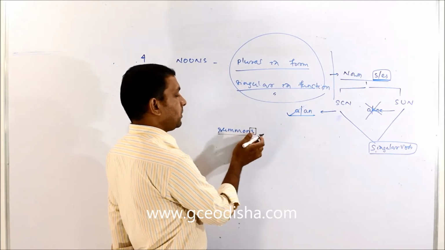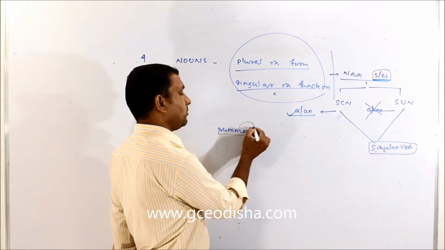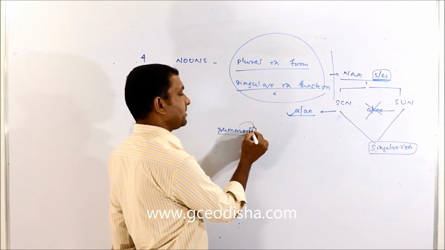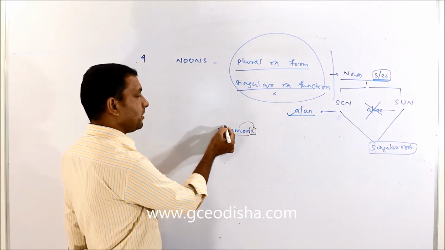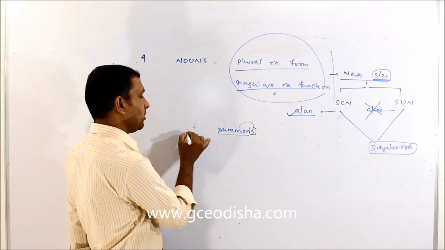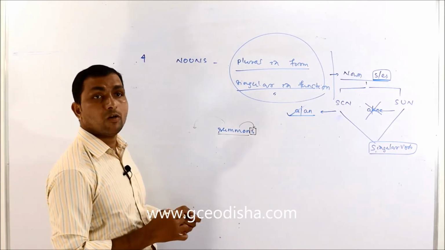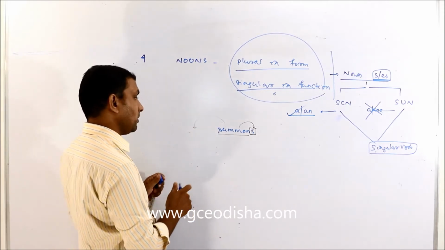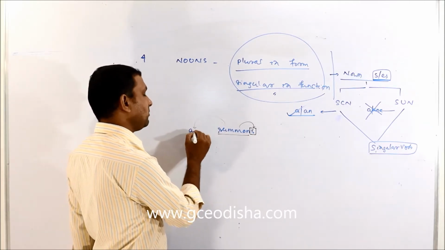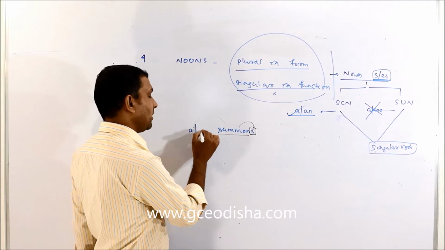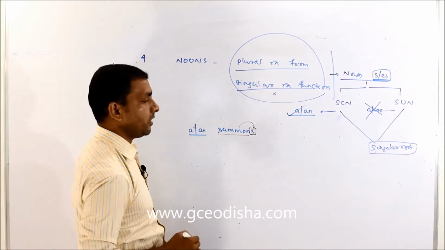So that is called a summons, meaning a notice. The word already has an existing s, so it is singular. When it is singular, we have to use a or an before it. We cannot write summons individually. As it is a singular countable noun, we have to write a or an.